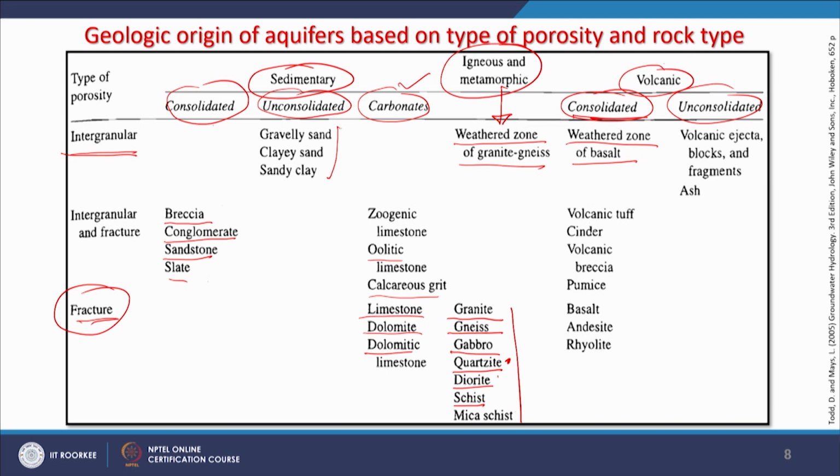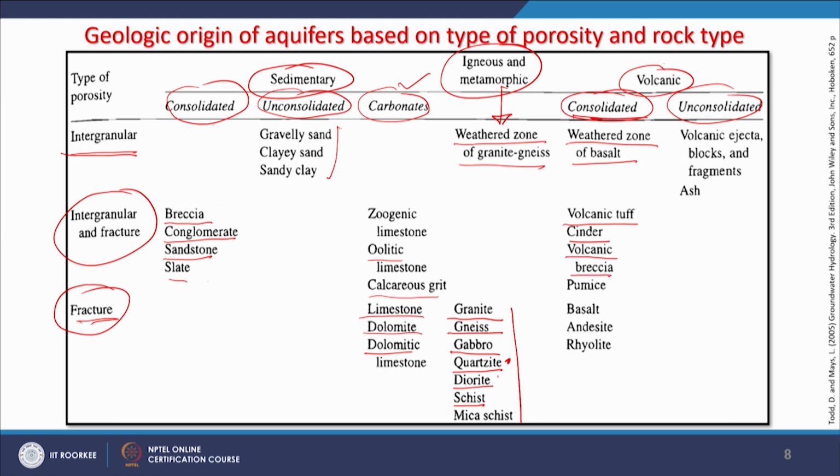So, the top parts get weathered, and that can become our storage of groundwater. But this zone is irregular, we do not have regular storage possibilities like in sandstone. And there is also an irregular and fractured part which may have volcanic tuffs, cinder.